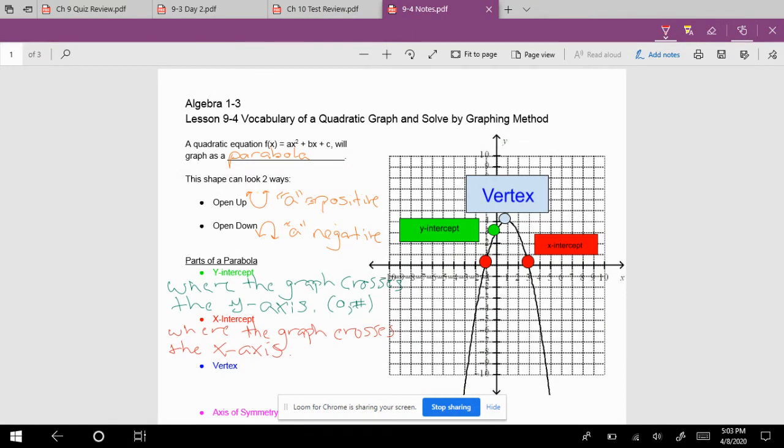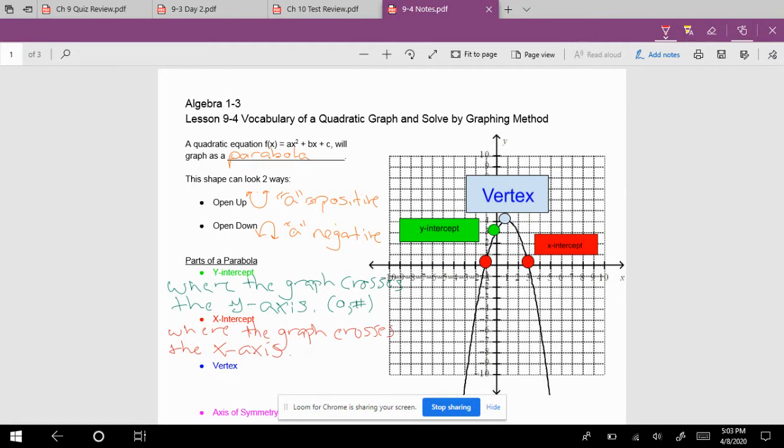In the graph here, you can see you actually have two x-intercepts because of the U shape. It crosses the x-axis in two places. Sometimes it'll only cross it once, which we'll get into after a bit. And sometimes it doesn't cross the x-axis at all, so it doesn't have any x-intercepts.